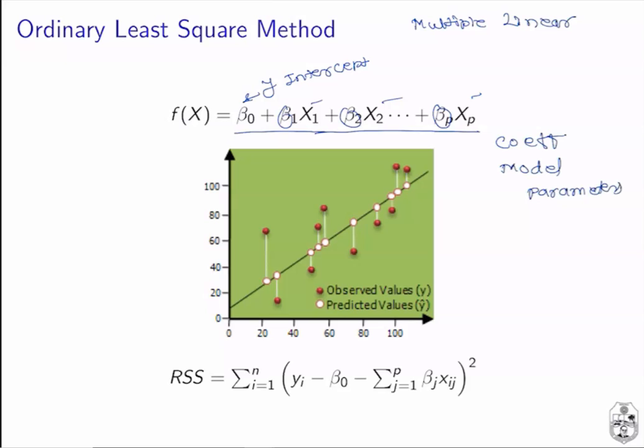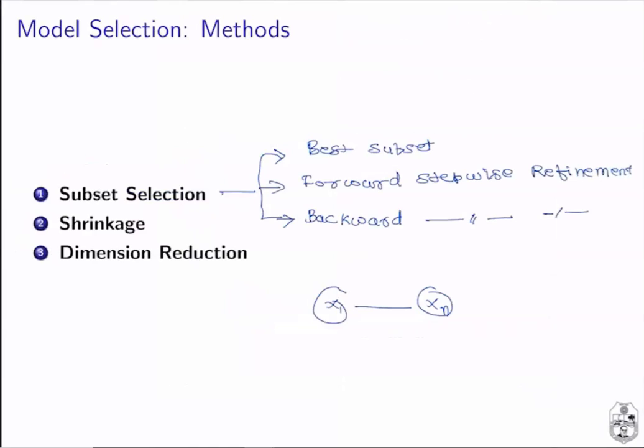And the objective of the linear regression method is to identify the line which passes nearest to all the data points, or in other words, we want to reduce this error.